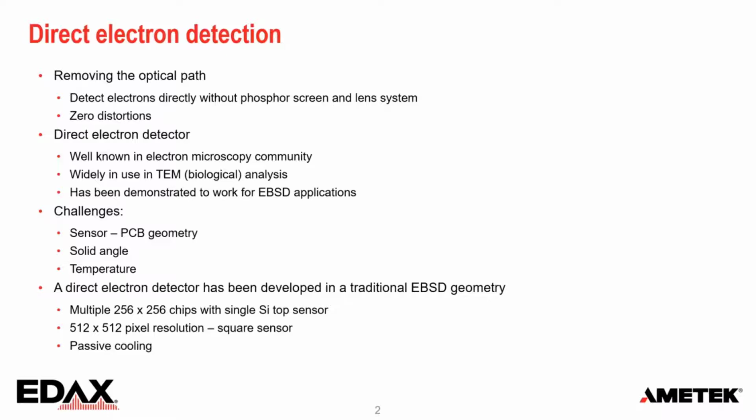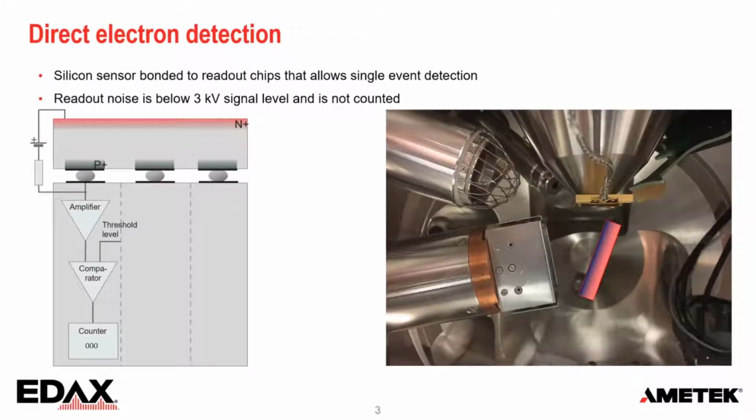The total detector has 512 by 512 pixel resolution. It's a square unit, and it has passive cooling. So you can insert the detector into the microscope chamber close to the sample, and it can just stay there for many, many hours at a stable temperature.